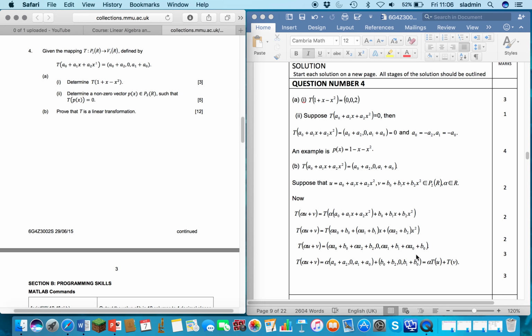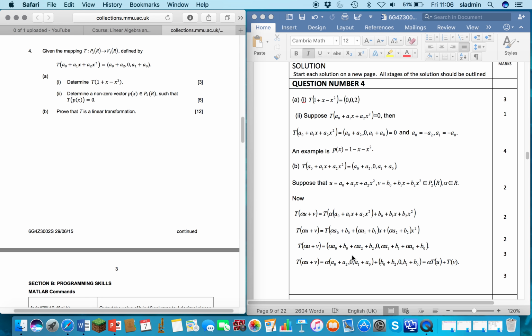Now here is a trick we use in maths. We can write down the answer, because we know we're trying to prove that T of alpha u plus v is alpha T of u plus T of v, and at this stage we could work backwards. Alpha T of u is alpha times this, which was up here, T of u. And this expression is T of v.